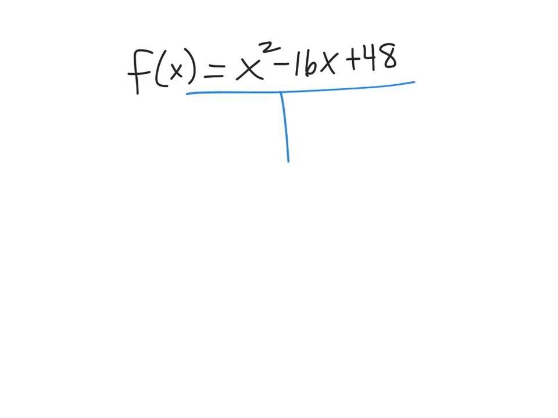So I make my 3 columns. And in the first one I have x times x. On the last one, to get 48, I have a lot of possibilities. Okay, we have, let's see, 24 times 2. I have 48 times 1.